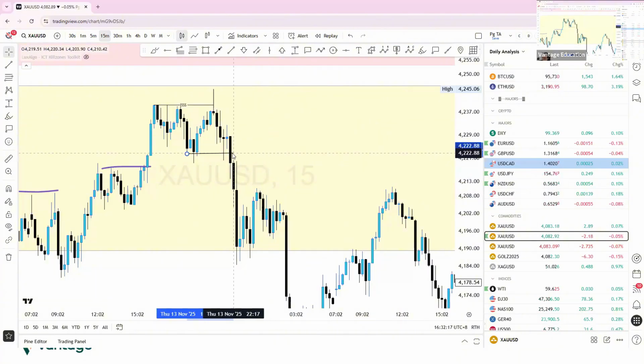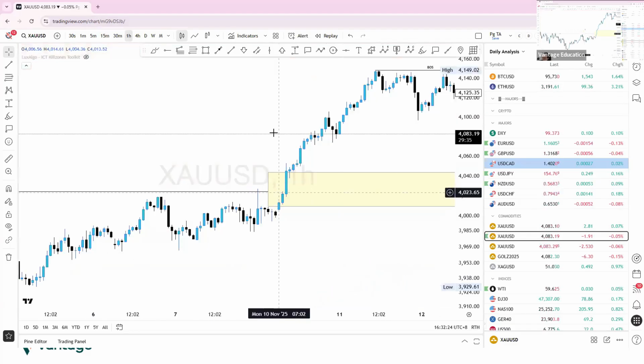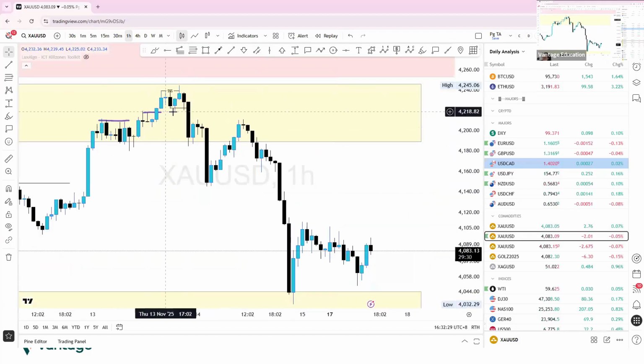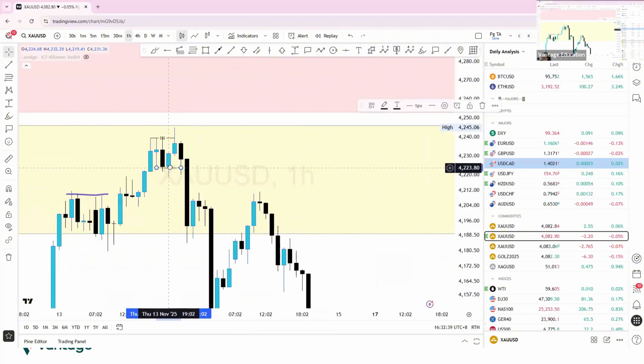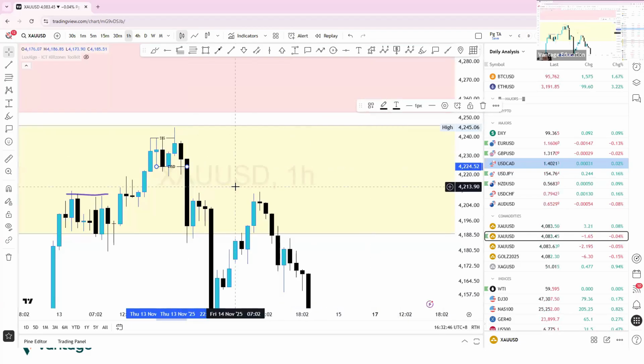Okay. This level, if I'm going to go to the H1 to look right here, right? In the H1 time frame, what do you see? First one, I will see this is my CISD, change in state of delivery, if I'm not wrong.